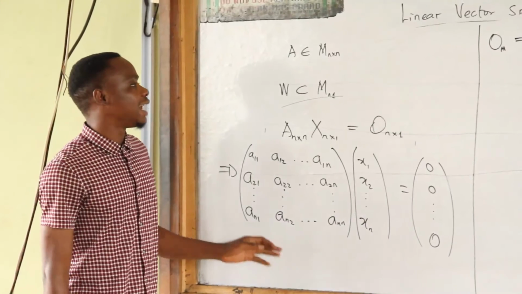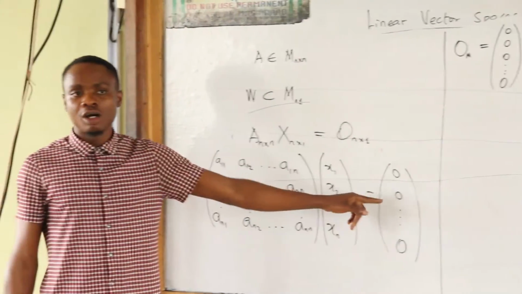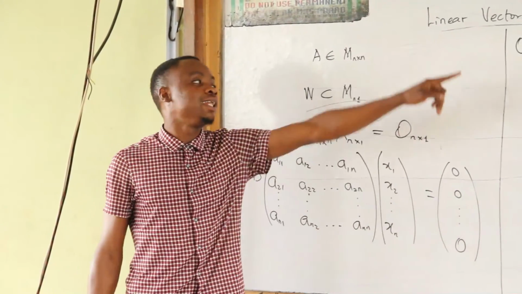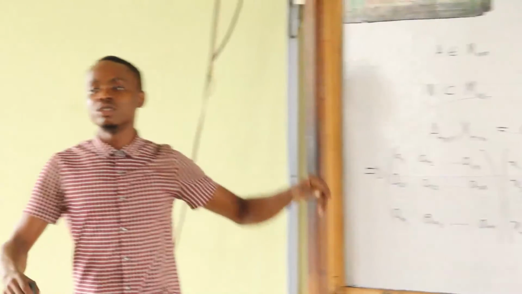So I know that this element is a solution of this set of equations. That means this element is also present in W, because W is a space that contains the solutions to this equation. Does it make sense to you?